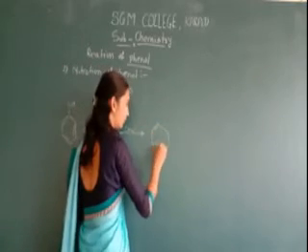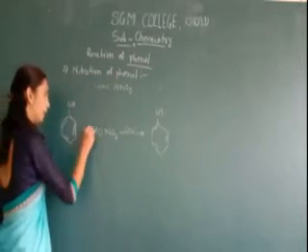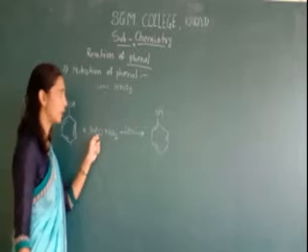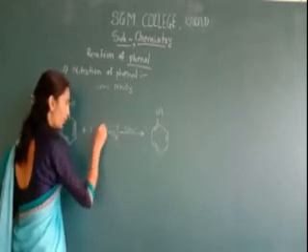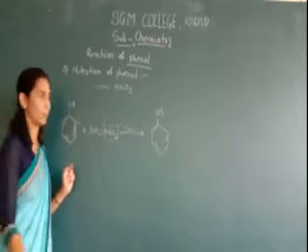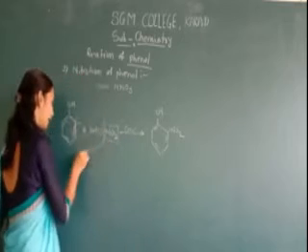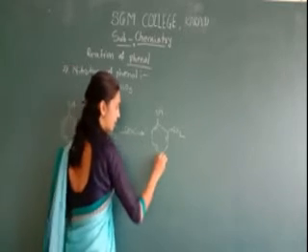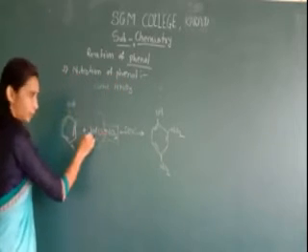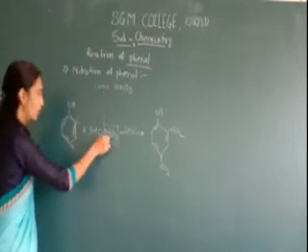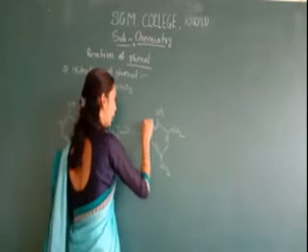Our phenol as it is. We are taking 3 molecules of concentrated nitric acid. First NO2 attaches to this position, we write NO2 here. The second attaches at the para position, NO2. And the third one attaches to that place, here, NO2.